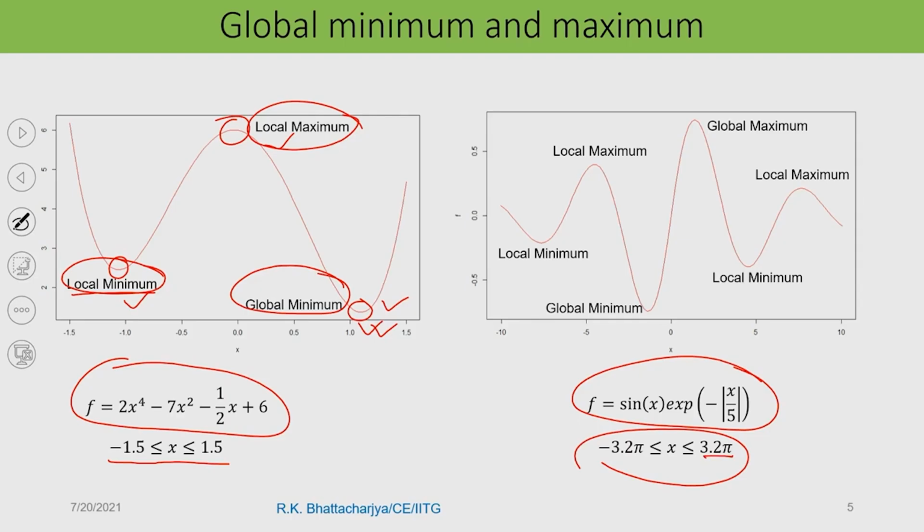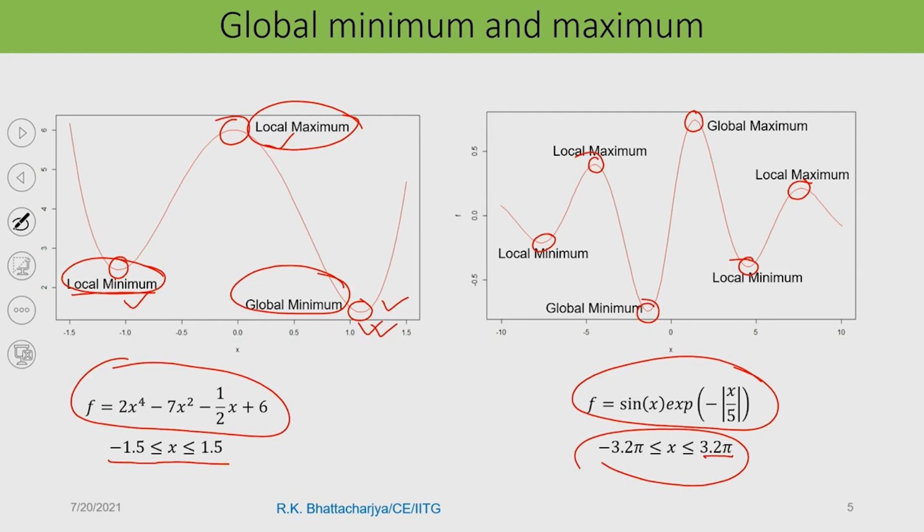You can see there are several stationary points. What is a stationary point? The first derivative is 0. So, this is one stationary point, this is another, this is another, and this is also a stationary point.